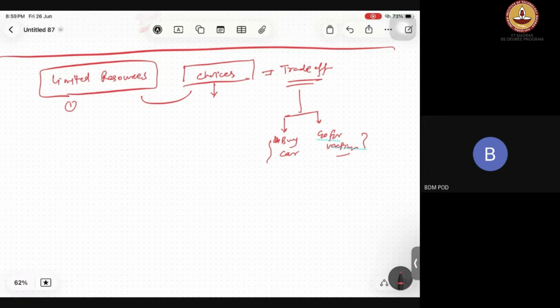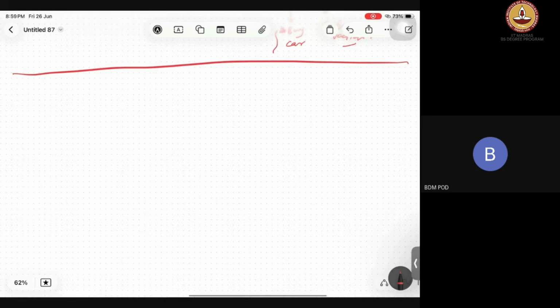So as a data scientist, what are the constraints you have? Yeah, please go ahead. Tell me. Am I audible? Structured data.